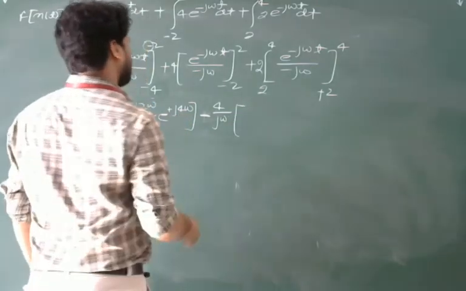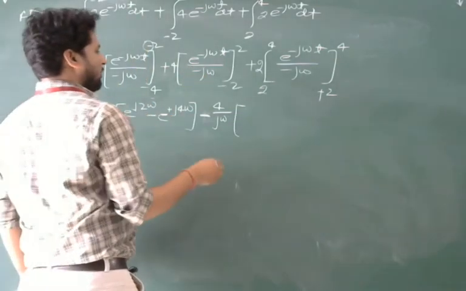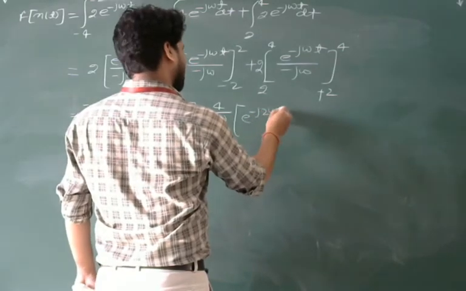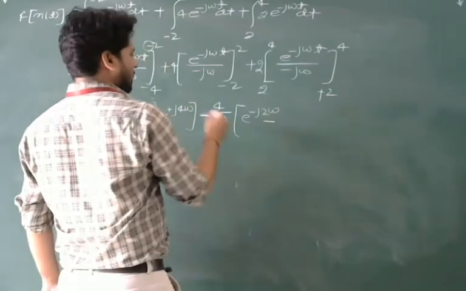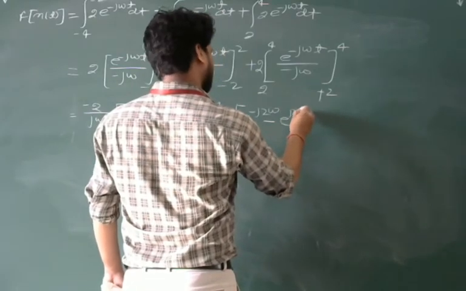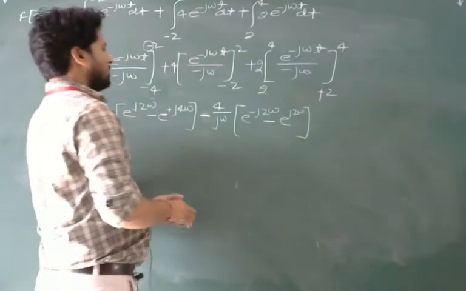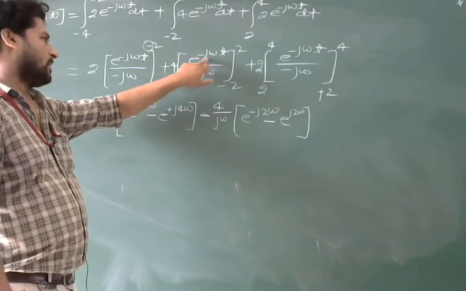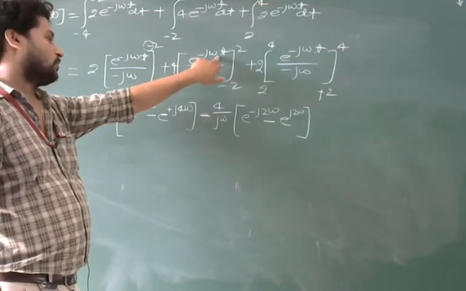After putting the limit, this will become e power minus j2 omega minus e power plus j2 omega, because when I will put t equal to plus 2, it will become e power minus j2 omega.